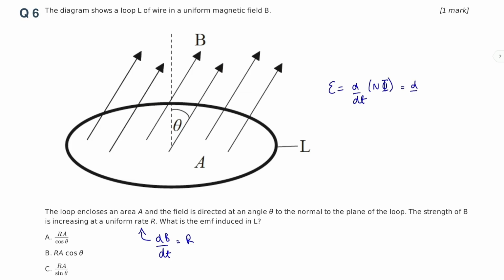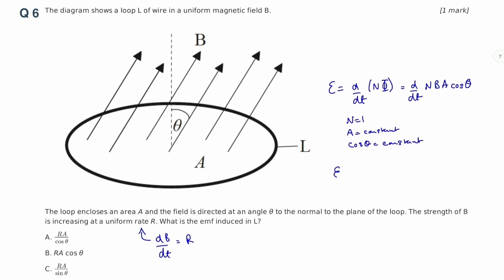So d by dt in BA cos theta. We can see that N does not change, it's 1. A does not change, we're not changing the area of the coil, so that's constant. Cos theta does not change, that's constant.